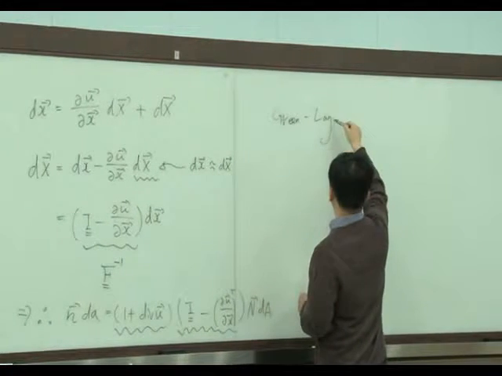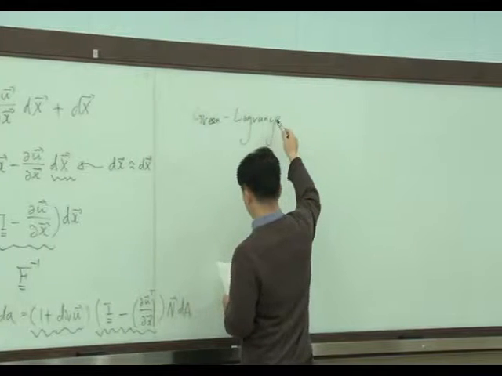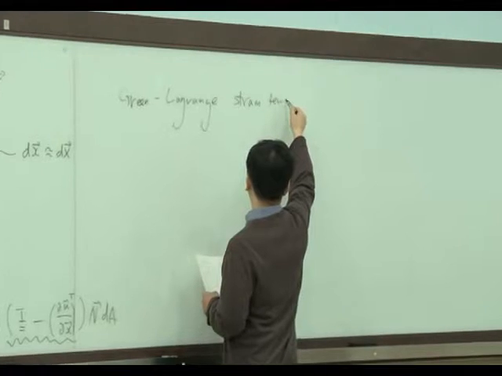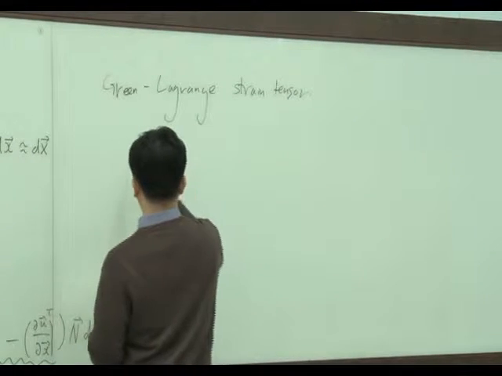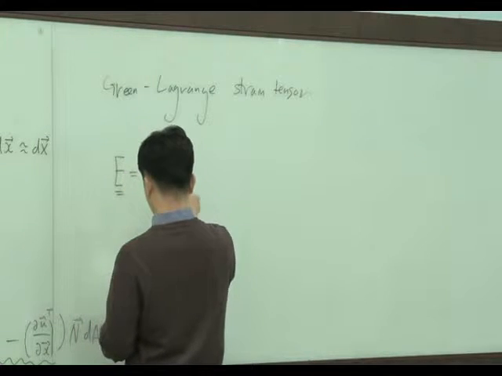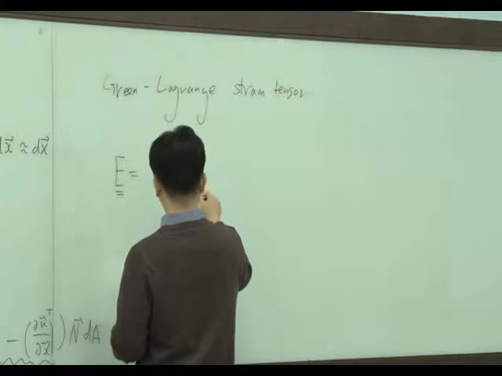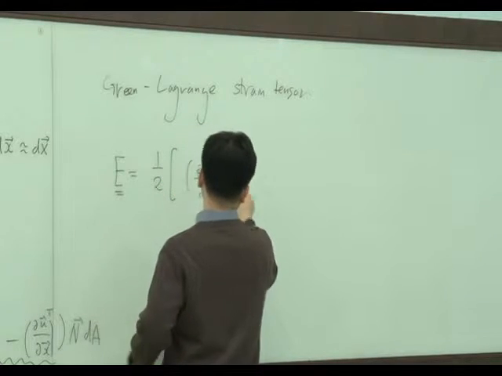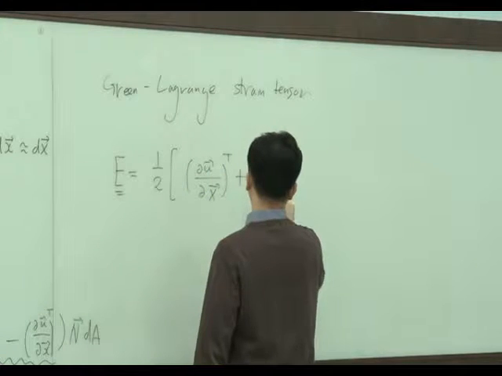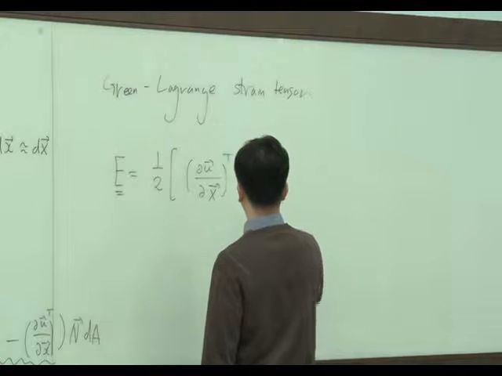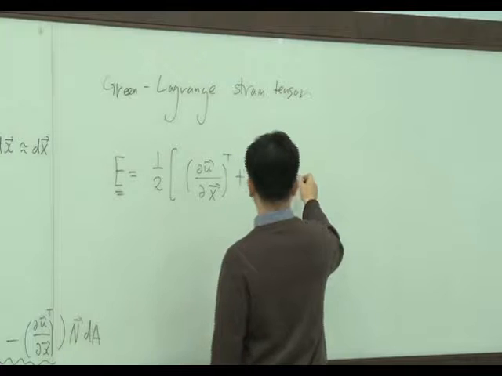It was defined by 1/2 times gradient of U transpose plus gradient of U plus the nonlinear term.